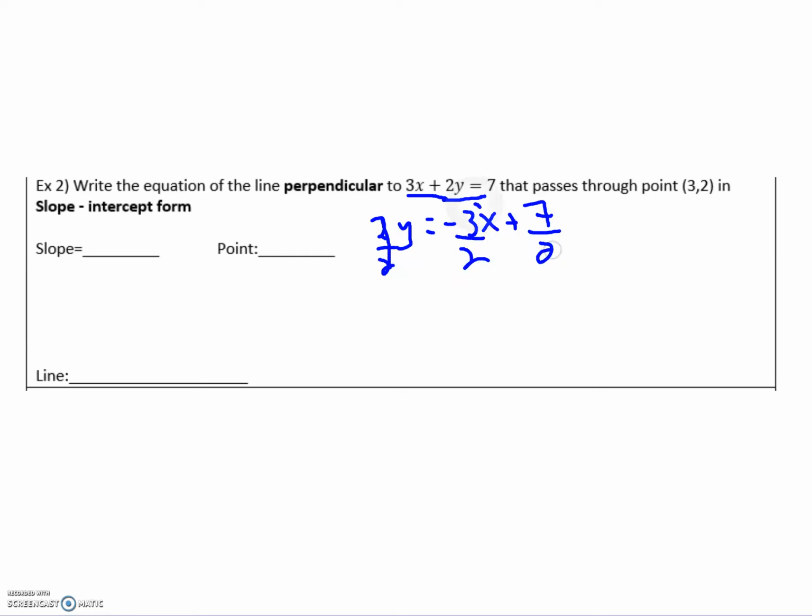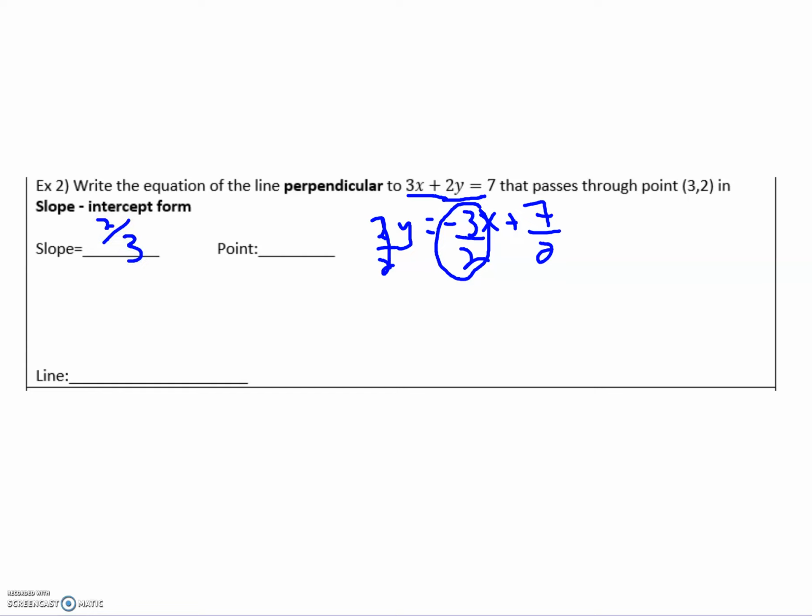So the slope of the original line is negative 3 over 2. In order to be perpendicular, you need a slope that is the reciprocal of negative 3 over 2 and has a different sign. So it's going to be a positive 2 over 3.